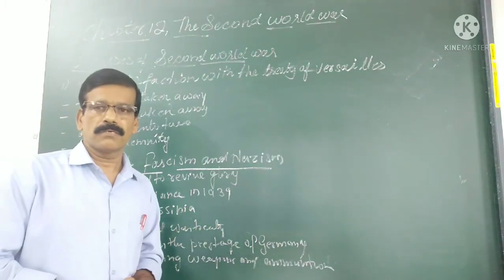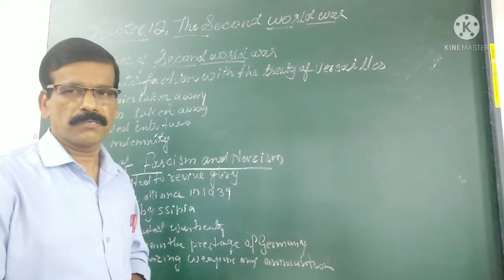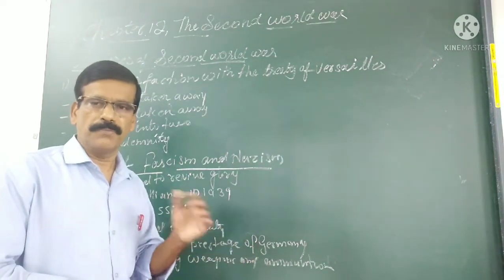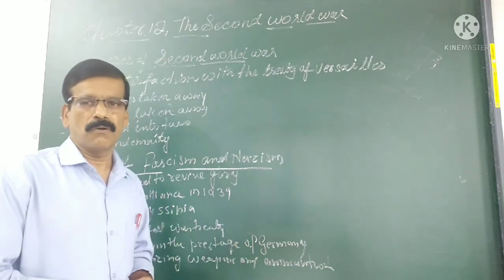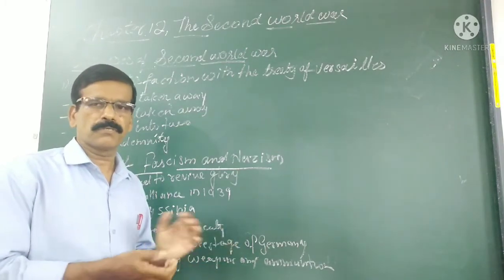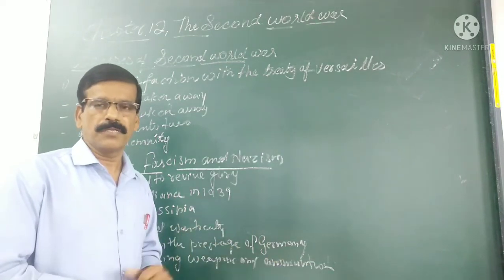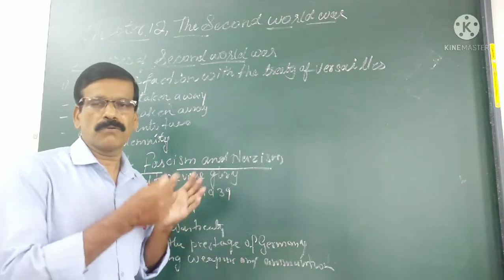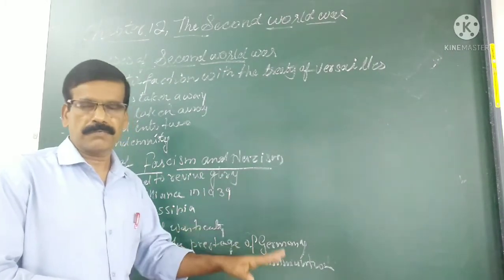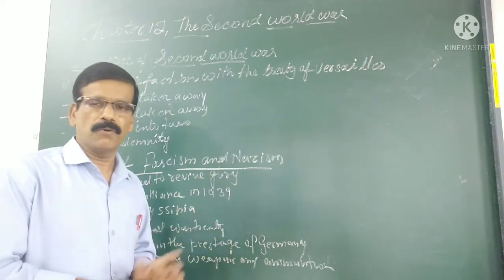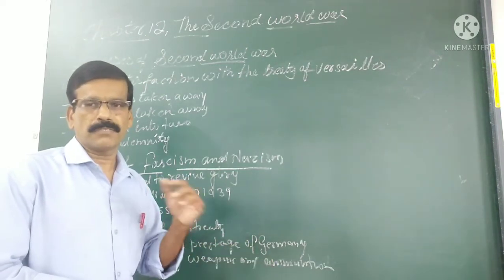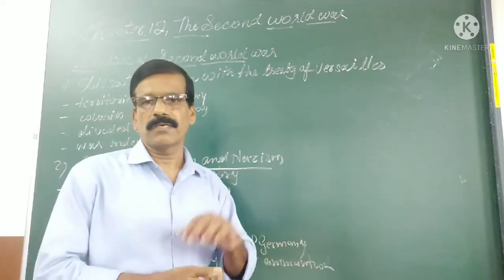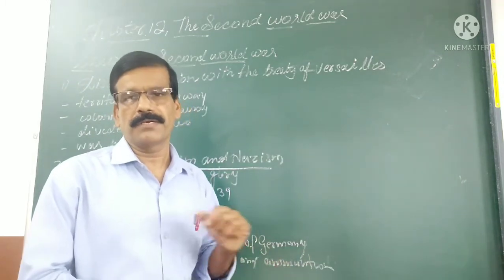We know that the First World War came to an end by the Treaty of Versailles, but it brought a lot of shame and disgrace on Germany, because Germany was divided into two, East Germany and West Germany, and many territories of Germany were taken away, and similarly many colonies of Germany were taken away, and above all, Germany was forced to give a lot of compensation to the winning countries.